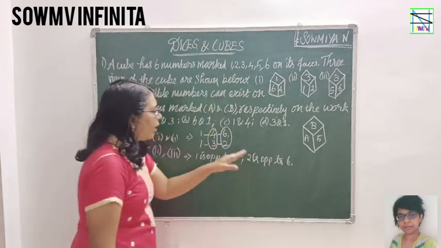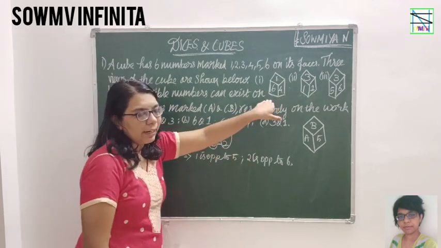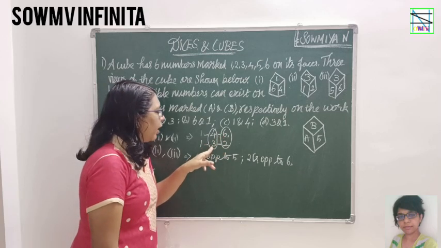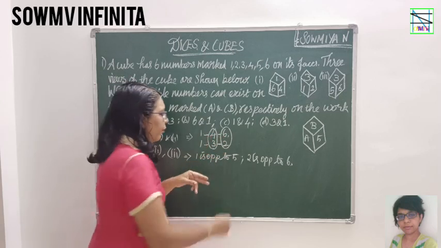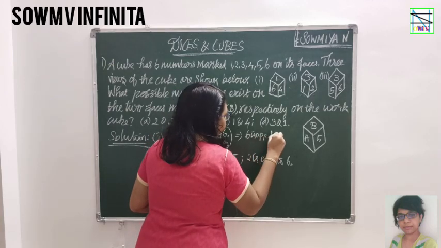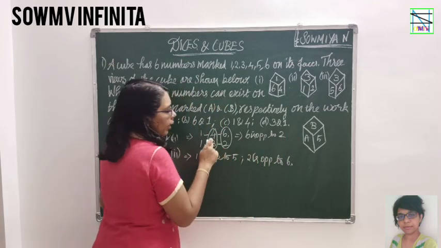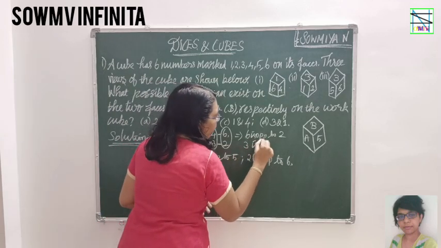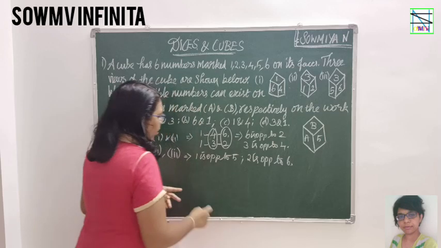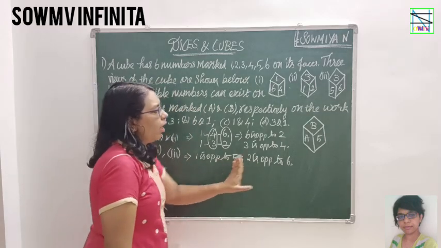We already know from the previous 2 dice that 2 is opposite to 6 and 3 is opposite to 4. From here 6 is opposite to 2 and 3 is opposite to 4. Therefore 1 is opposite to 5.